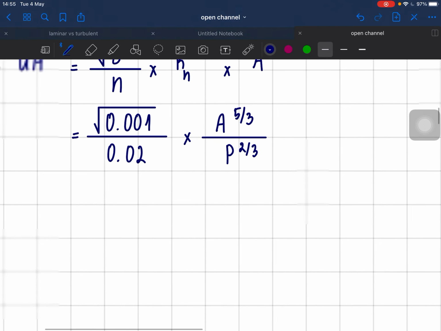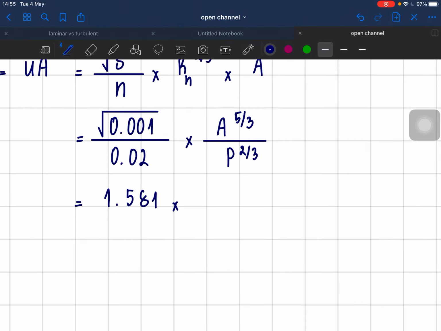Yes, so then we substitute everything here, but I don't want to substitute it yet. I want to calculate this number first. Divide by 0.02, it's equal to 1.581 times this one.